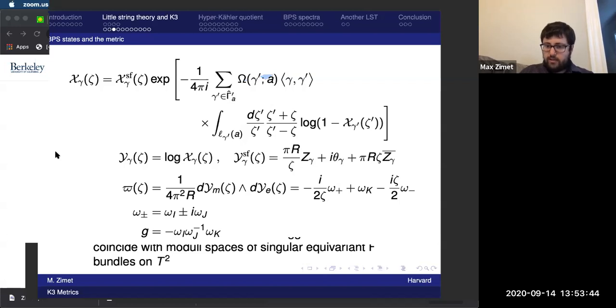So for example, you can get the Minahan-Nemeshansky CFT from this approach if you zoom in near a 4-star singular fiber, or 3-star or 2-star. From work of Kontsevich and collaborators, we know that some of the holomorphic curves that contribute to that field theory spectrum do have higher genus.